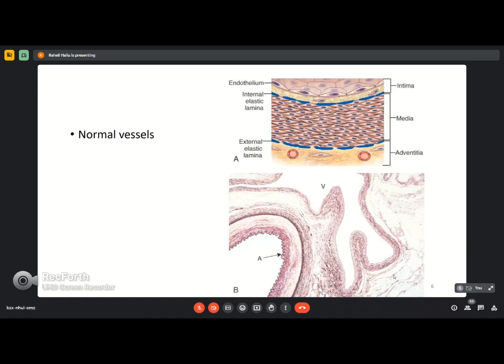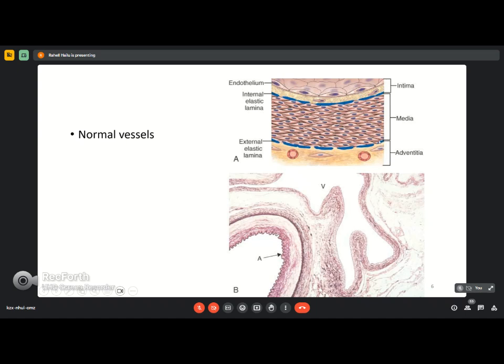So when you look at the structure of the normal vessels, it is organized in three layers. It's just a revision for you guys. We have the intima, which is mainly made up of the endothelial cells. These are the endothelial cells, the flat cells. And then also part of the intima is the subendothelial connective tissue here. So the endothelial cells and the subendothelial connective tissue form the intima, and then they are separated from the next layer, the media, by an elastic fiber known as the internal elastic lamina.